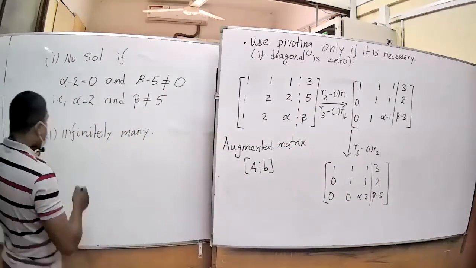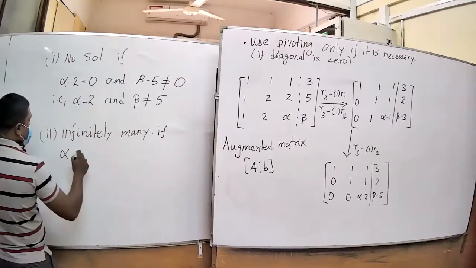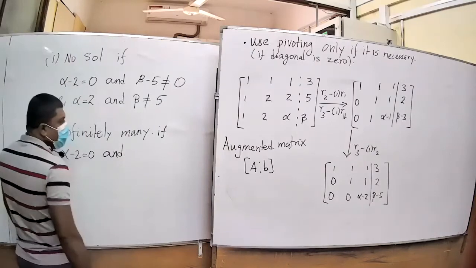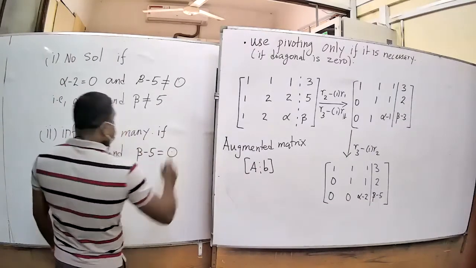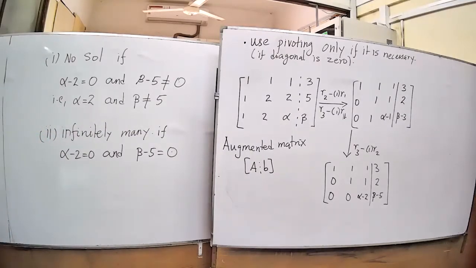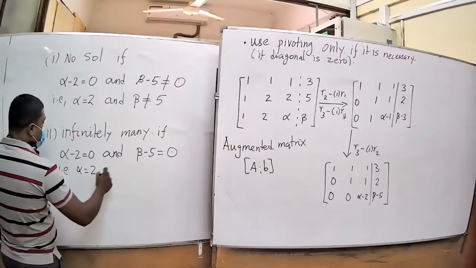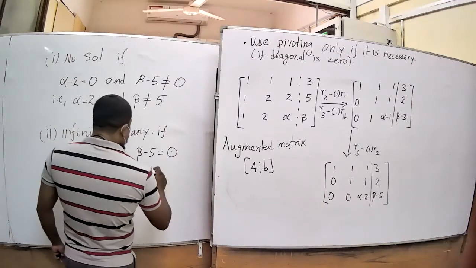So you have infinitely many solutions if alpha minus 2 is 0 and beta minus 5 is 0, both of them are 0. So that is, alpha must be equal to 2 and beta must be equal to 5.